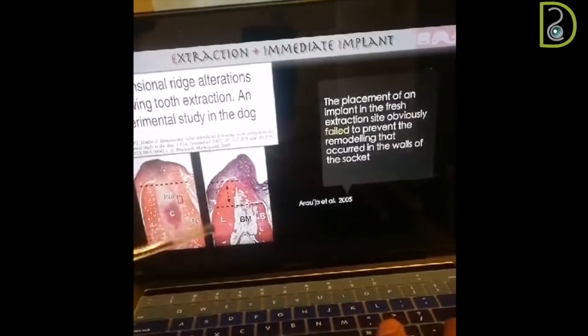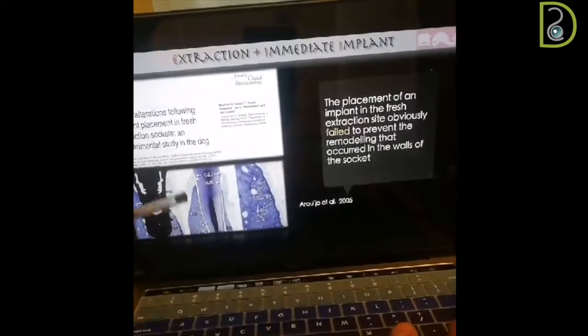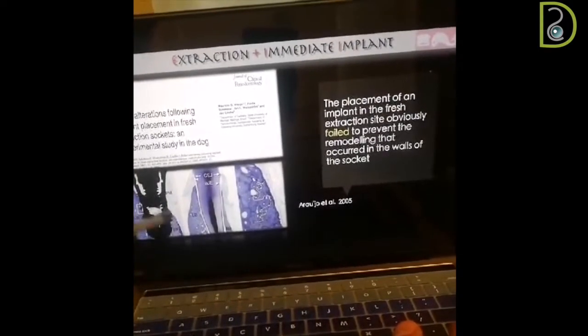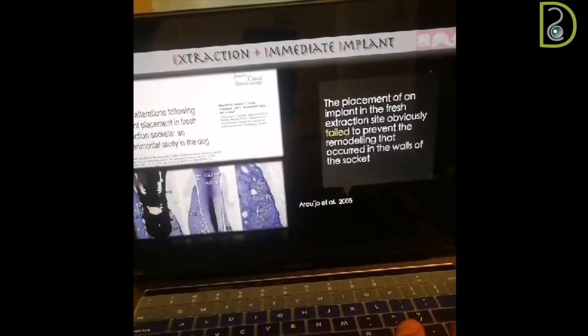After this study, they thought that if they placed an immediate implant in the socket, it would prevent the remodeling. However, it showed similar results to the previous study: the immediate implant did not prevent the remodeling of the buccal plate.